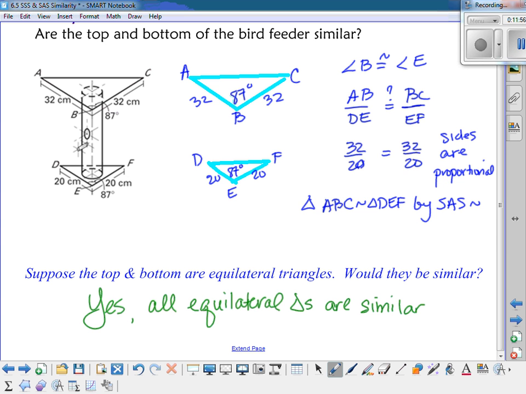And so you're certainly going to be able to do it by angle because you've got two sets of congruent angles. You also could say all three sides are proportional because you're going to have the same exact ratio because all three sides are congruent. So equilateral triangles are always similar to each other.